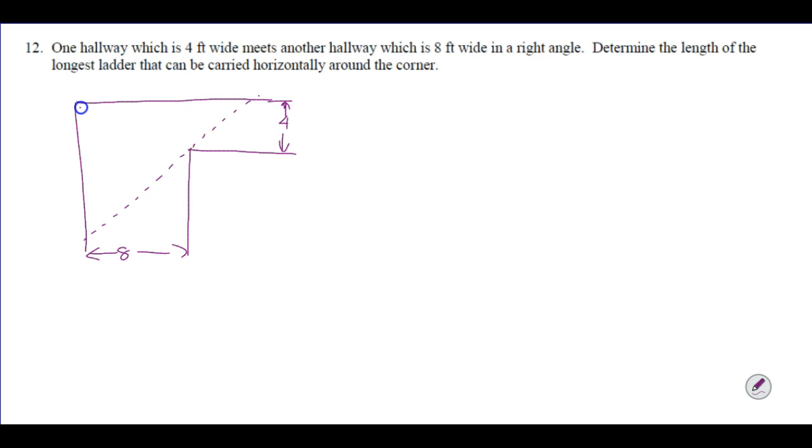Let's say there's an angle theta here, and this is 4. Because of similar triangles, if that's theta, these lines are parallel, this is the transversal, then this angle is also theta down here. We have the length of the ladder, which is L, but we're going to split it up into 2 portions, A and B.